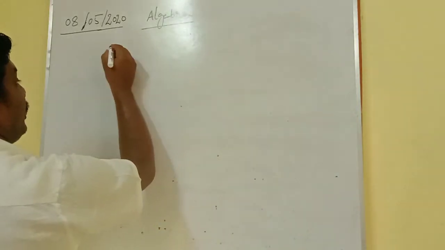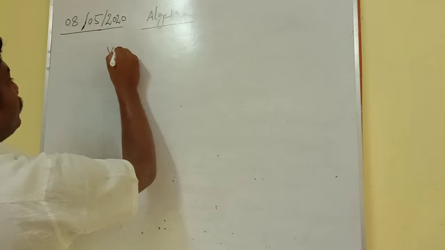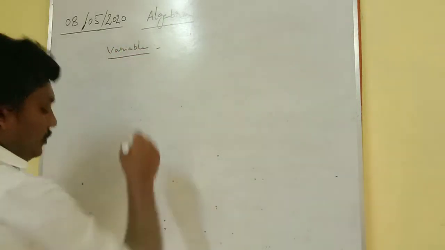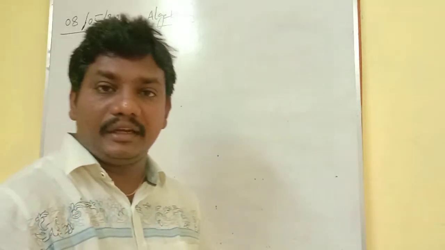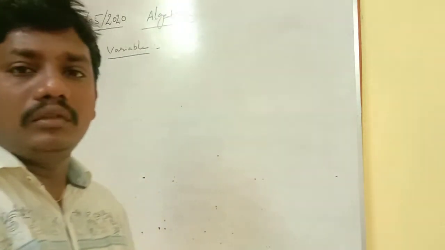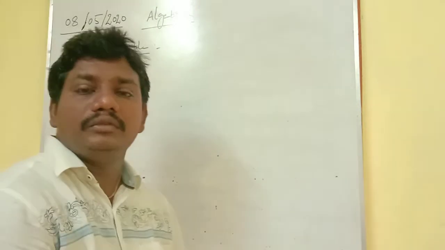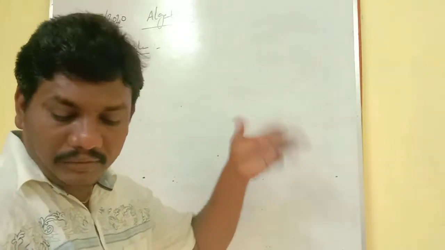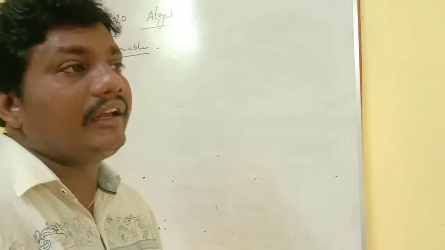So first one is variable. What is a variable? By the nature, the value which varies. That means a symbol which can take various values.